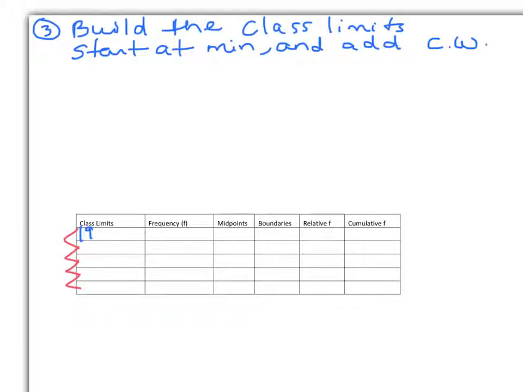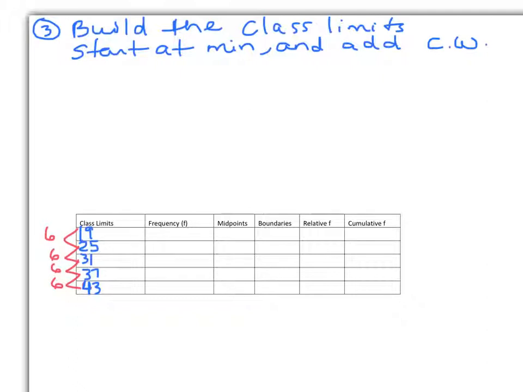My class width is not horizontal, it's vertical, which means I do 19 plus 6, and I get my next lower class limit, which is 25. 25 plus 6 is 31. 31 plus 6, so we're adding 6, adding all these class widths until I've got 5 classes built. And then 43. Those are all my lower class limits.